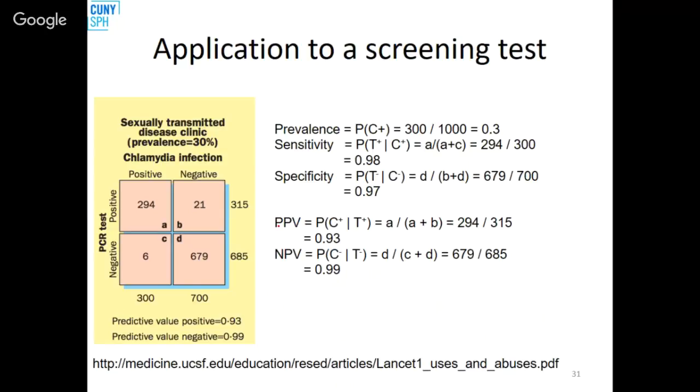You can use Bayes' rule directly to calculate the PPV and the NPV.